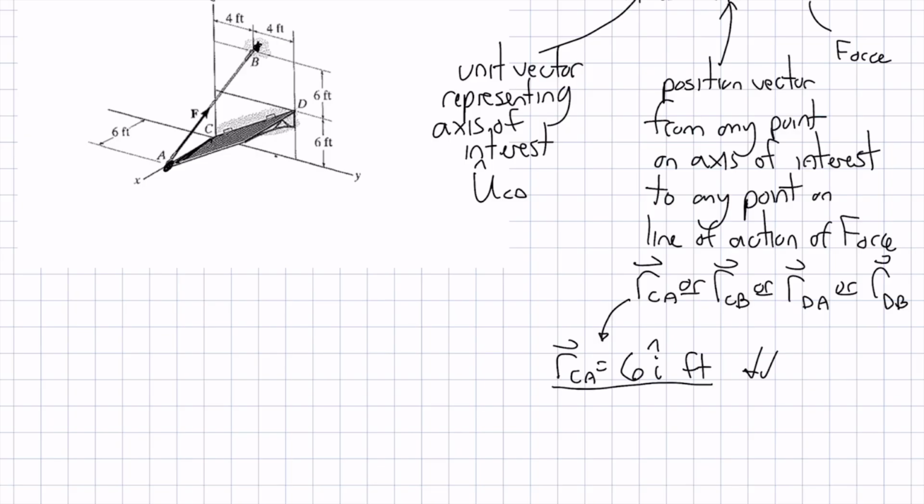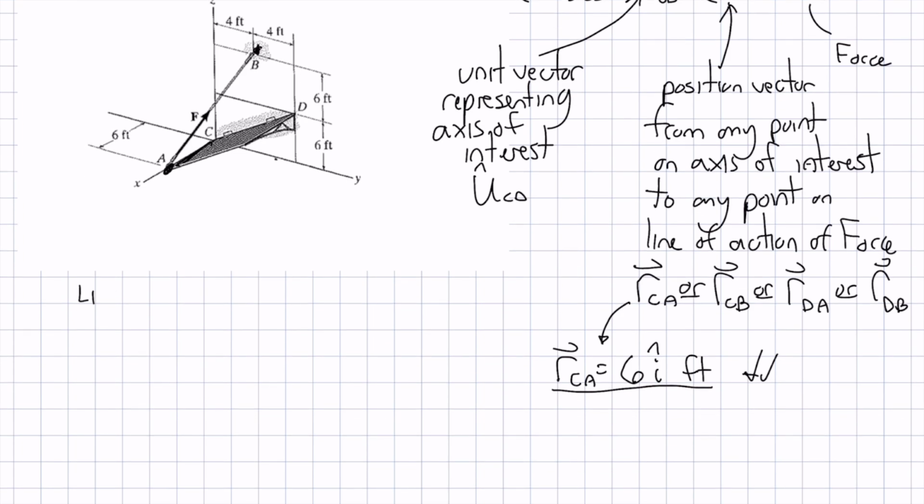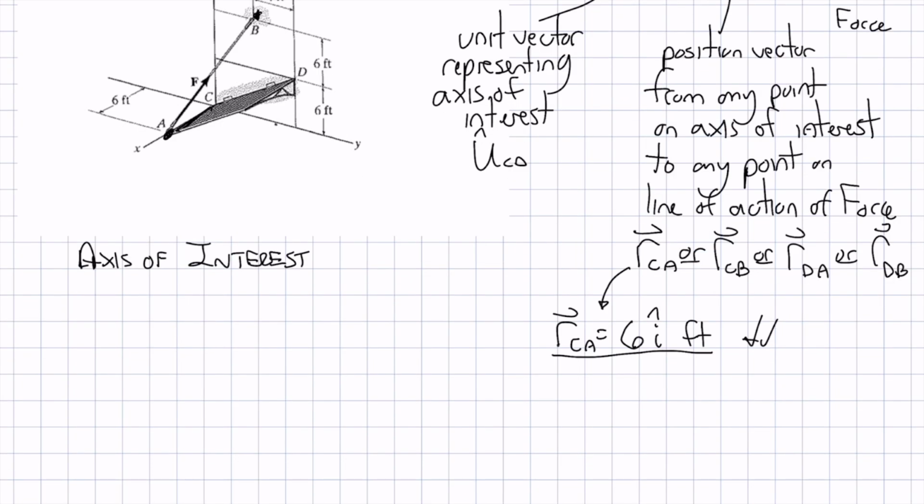The other things we need to do are to figure out the other quantities. For the axis of interest, we need to find a vector that points from C to D and divide it by its magnitude. So C to D is just going to be 0 i hat plus 8 j hat plus 6 k hat feet.